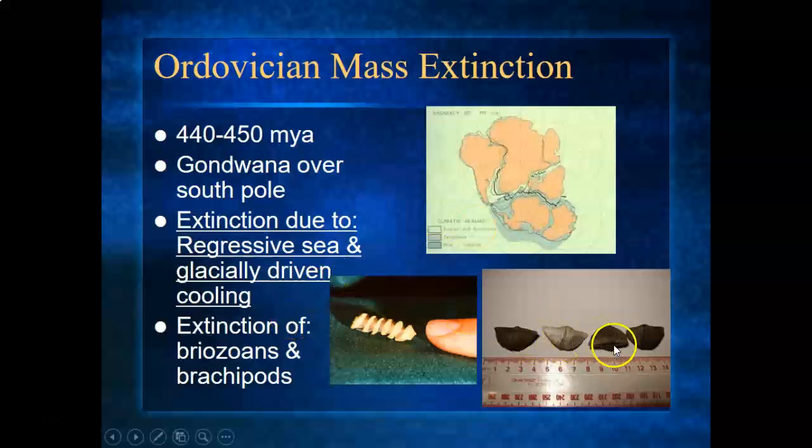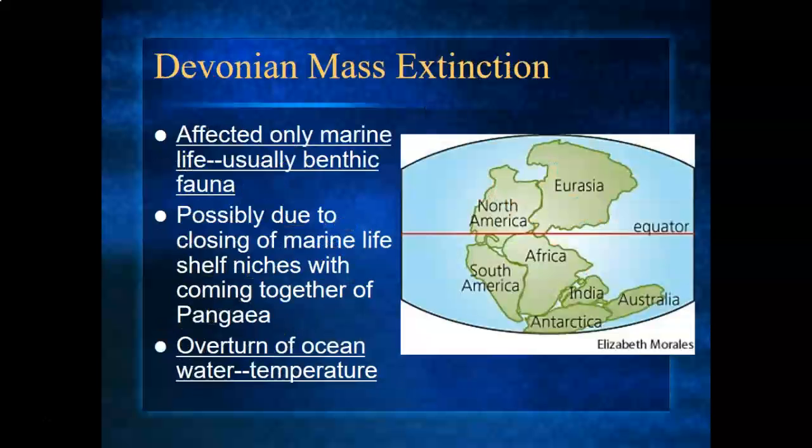These should look really familiar. We see these in our rocks here around in Kentucky. And so this extinction, this regression, meaning that the ocean levels dropped off, and because glaciers became more dominant, they were sucking up the water to be in glaciers, which caused the sea levels to change dramatically.